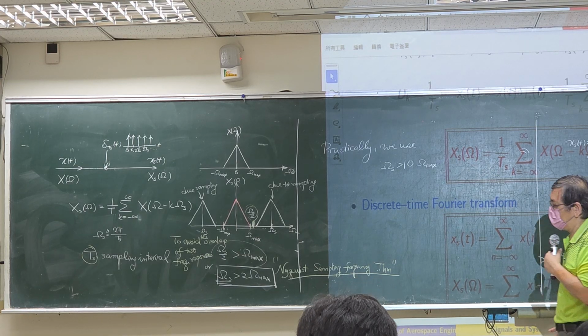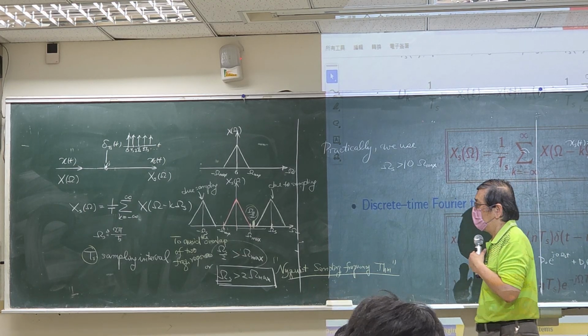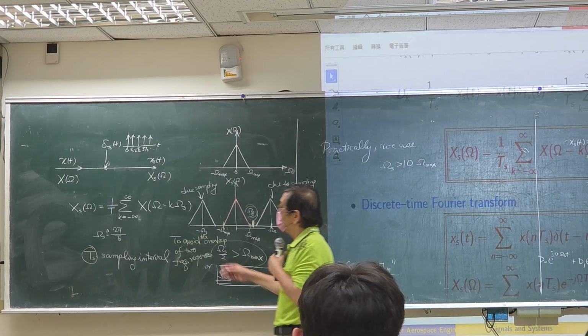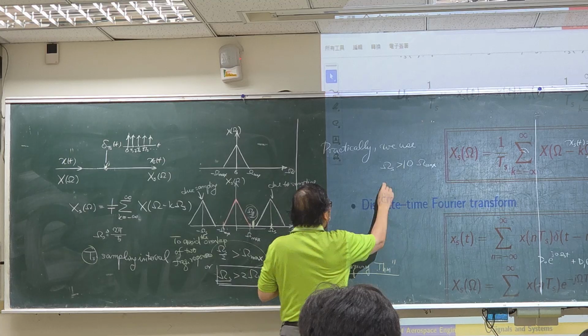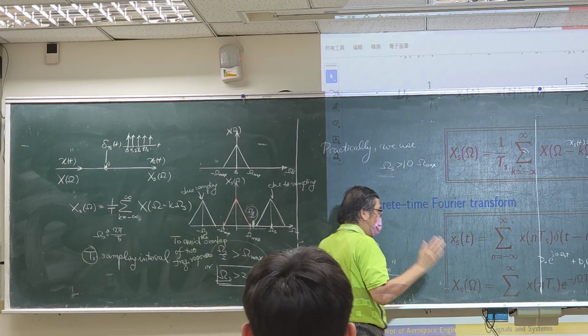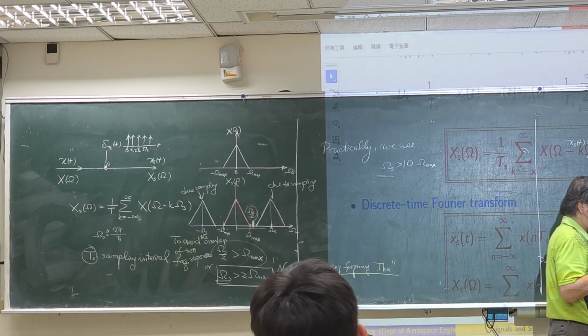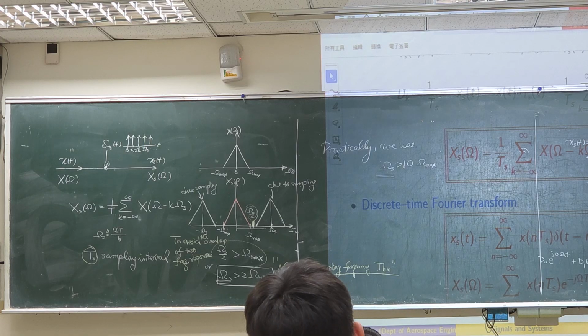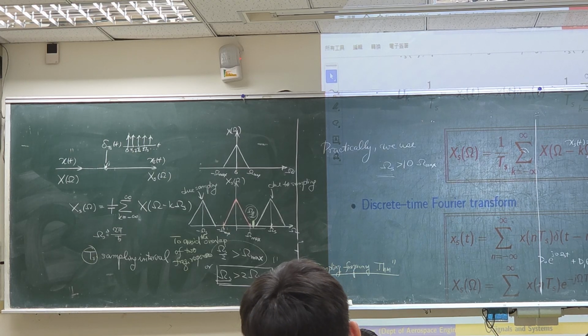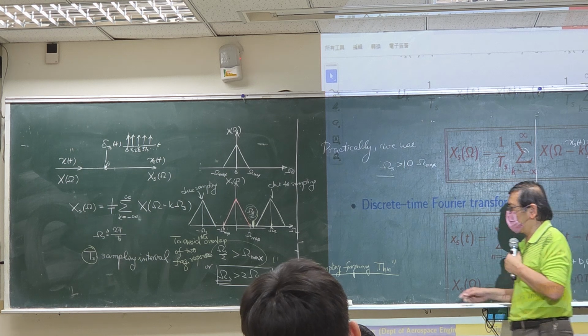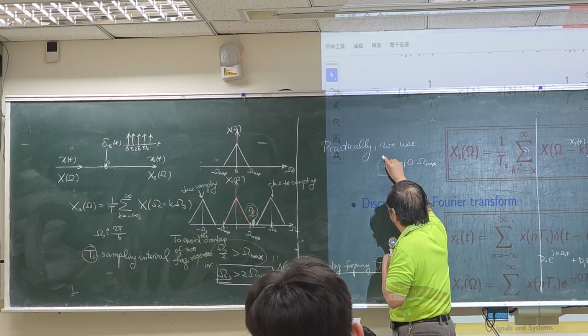for this sampling device, if your sampling is very, very fast, the sampling response is very, very fast, then that means the cost is also very high. Okay? So for an engineer, you want to have a fast sampling process.